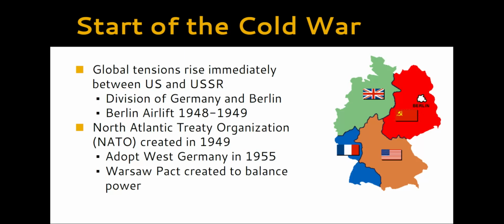One of the first consequences that comes of that is the division of Germany and Berlin itself. So we've got Germany, after the war, divided into 4 sectors. You'll see there that the United States occupies one, France occupies one, the UK, and the USSR.